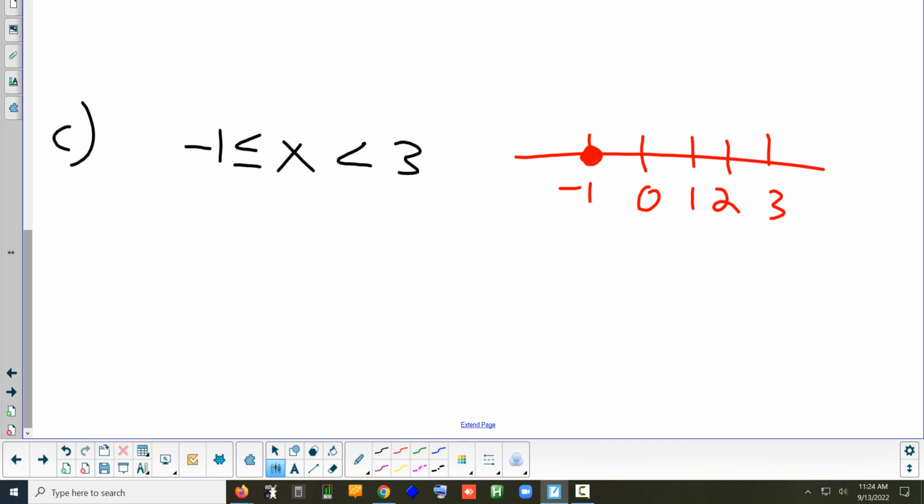You could do an open circle on 3 and then shade between. Or bracket on -1, parenthesis on 3, shade between. So that's borrowing the symbols from the interval notation. Keep that up there for a second. Any questions on that?